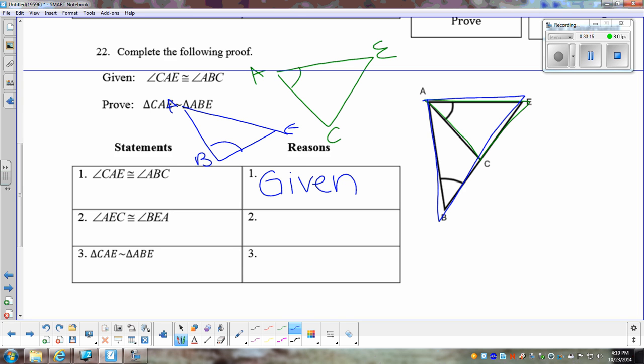I also know it says that AEC is congruent to BEA. Well, it's the exact same angle. So this is reflexive property. So these two are similar by angle-angle similarity.